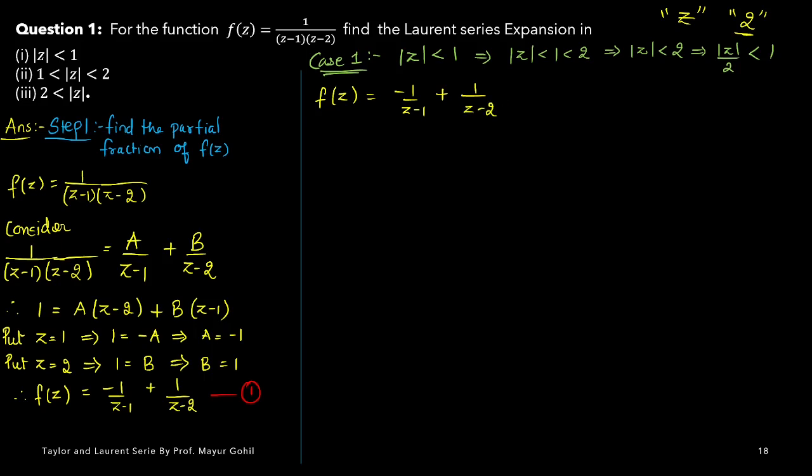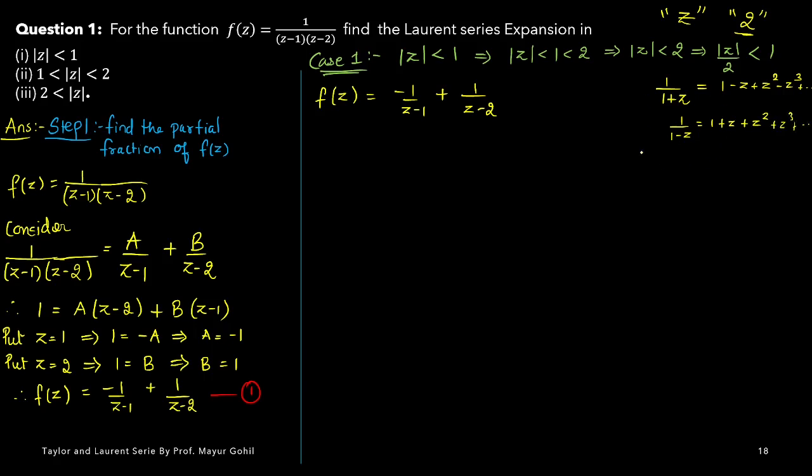We have to make everything less than 1. You have to remember the format that we had seen. The format of expansion was 1 upon 1 plus z, which is the same as 1 minus z plus z square minus z cube and so on. And another expansion format was 1 upon 1 minus z, that is 1 plus z plus z square plus z cube and so on.